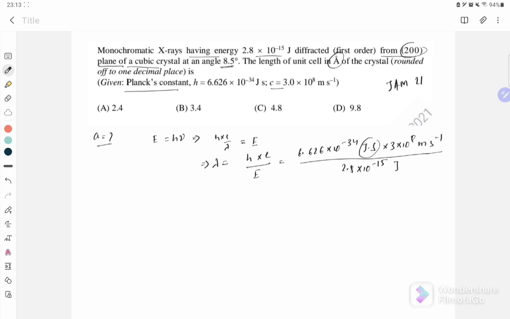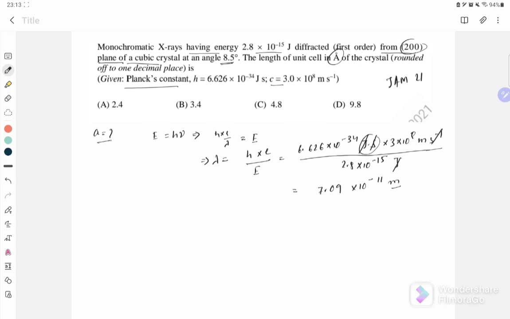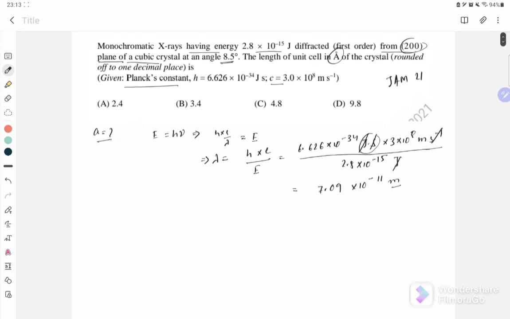Then second cancels out and joule cancels out, and meter is left. If we calculate this, we'll get 7.09 into 10 to the power minus 11 meter. We got our lambda, our wavelength.